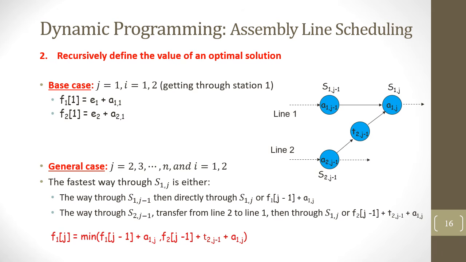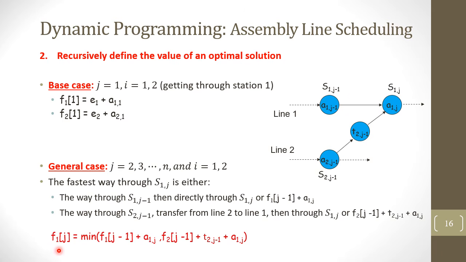And in the general case, from j to n, the fastest way to a station on line 1 is either from the same line of the previous station or from the previous station of the other line plus some transfer cost.